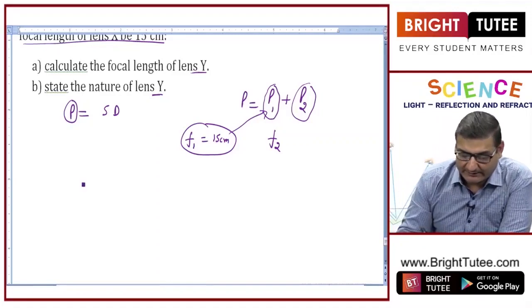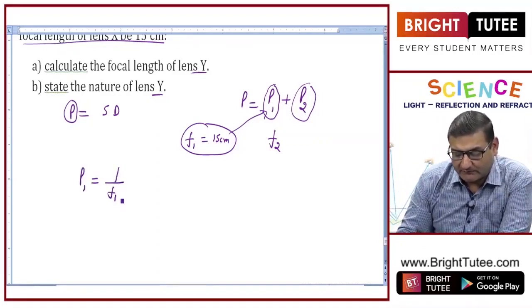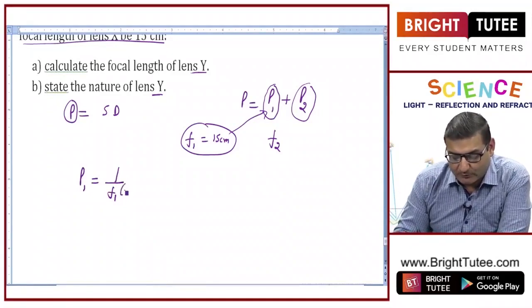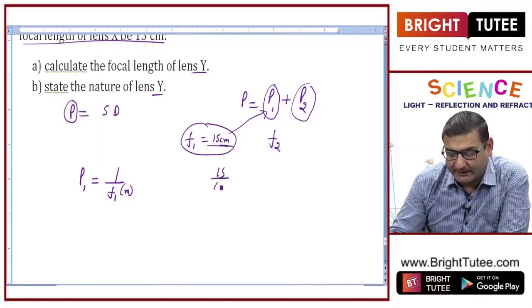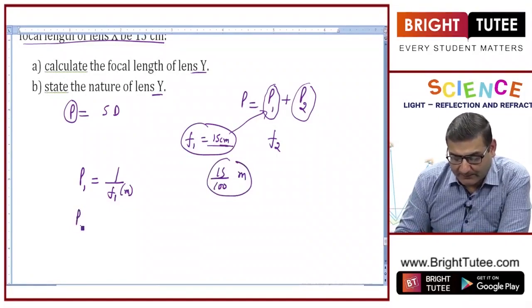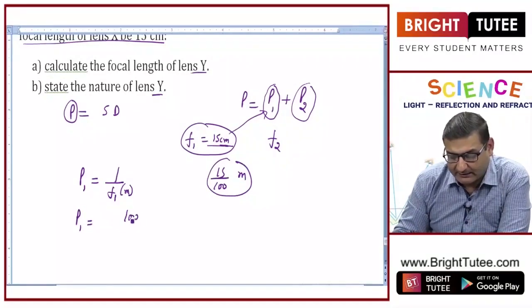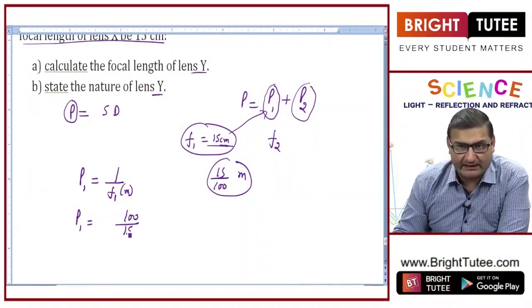Right? Let us calculate. We know that P1 will be equal to 1 upon F1, which should be in meters. But since it is in centimeters, I need to divide it by 100 to convert it into meters. So, now the power becomes 100 upon 15.